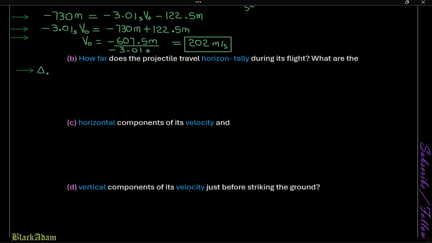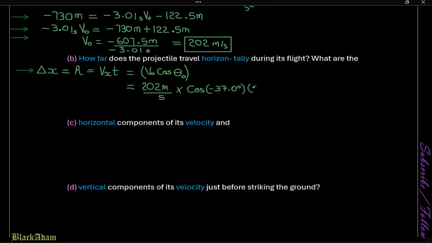We need the change in x, which is the range. The range is Vx multiplied by time, where Vx is the initial speed multiplied by cos theta, and then multiplied by the time, which is 5 seconds.